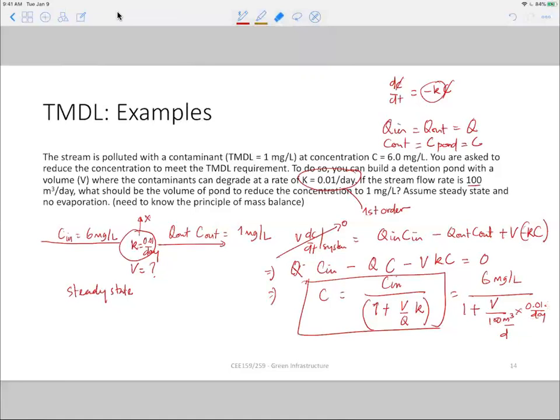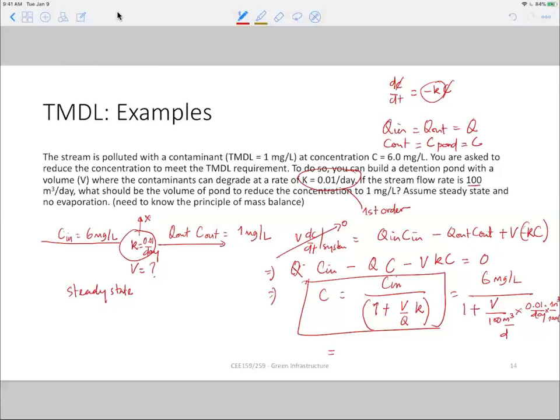So now you have one issue here. This is meter cubed, this is liter. So that means you have to change meter cubed to liters. To do so, you know that 1 meter cubed will be 1000 liter.